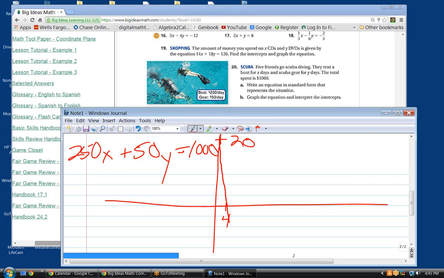Now, what's the meaning of those two intercepts? This is the x-axis, this is the y-axis. I think you've learned about this. For the x-intercept, if you rent gear for, wait.